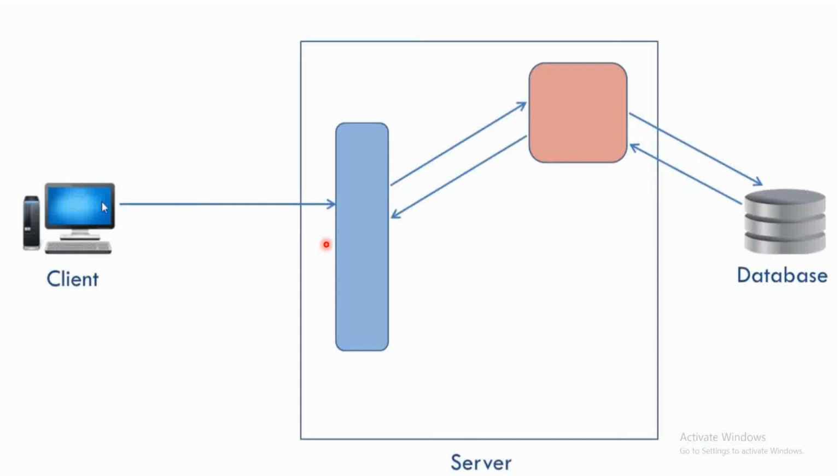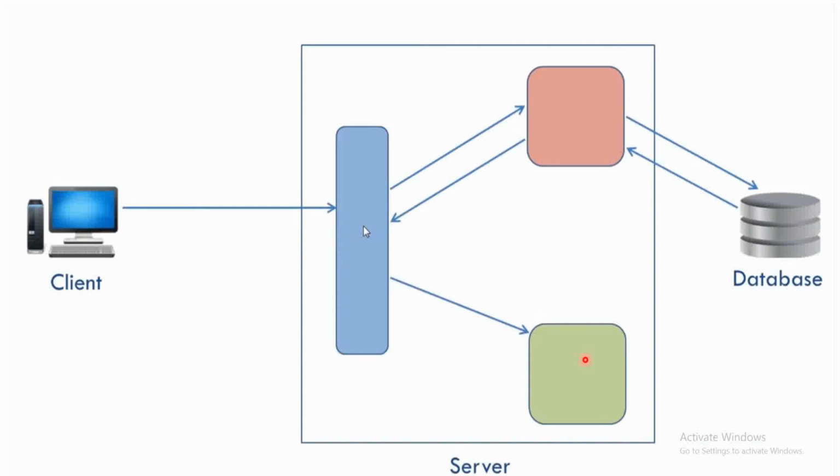Now blue has all the data, so ideally blue should send that data to the client, but the data it has is raw data, so it might not be in human readable format. It might be just plain text data. So we have another guy over here called green, who specializes in presenting data to the client.